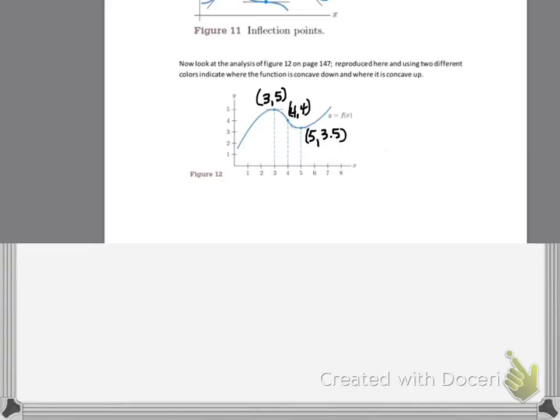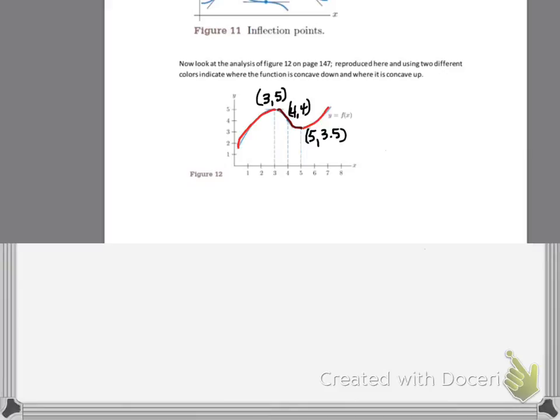The first thing I'm going to do is use a little color. Why don't we use red, and we're going to use red to identify where the function is increasing. I can see that the function is increasing right here, and then the function is increasing again right here. So where is the function decreasing? The function would be decreasing right in here.